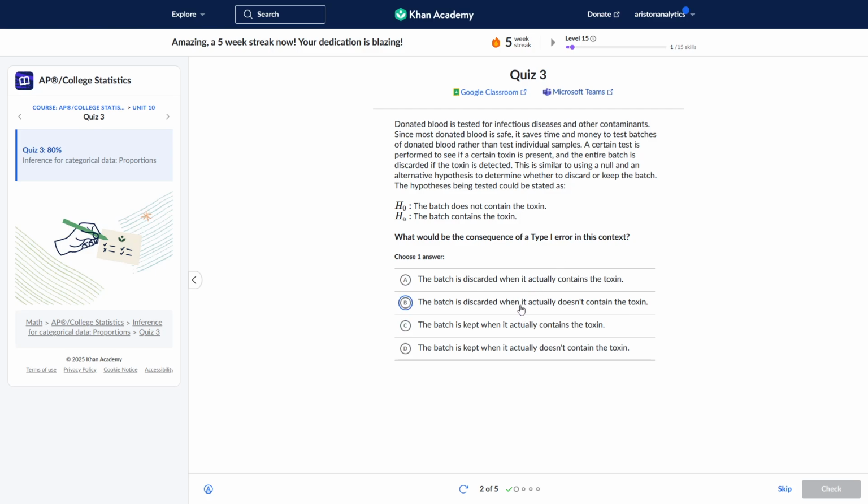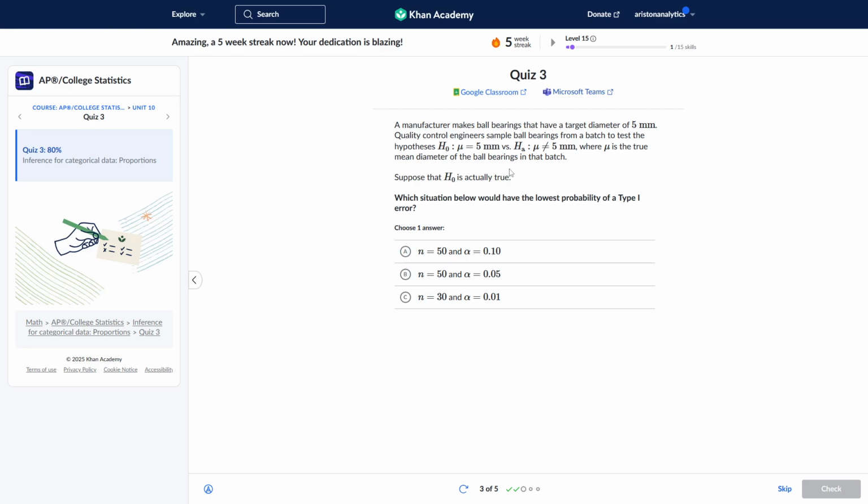The batch is discarded when it actually doesn't contain the toxin. Which situation below would have the lowest probability of a type 1 error? Type 1 error is related to alpha 0.01. I think similar sample sizes.